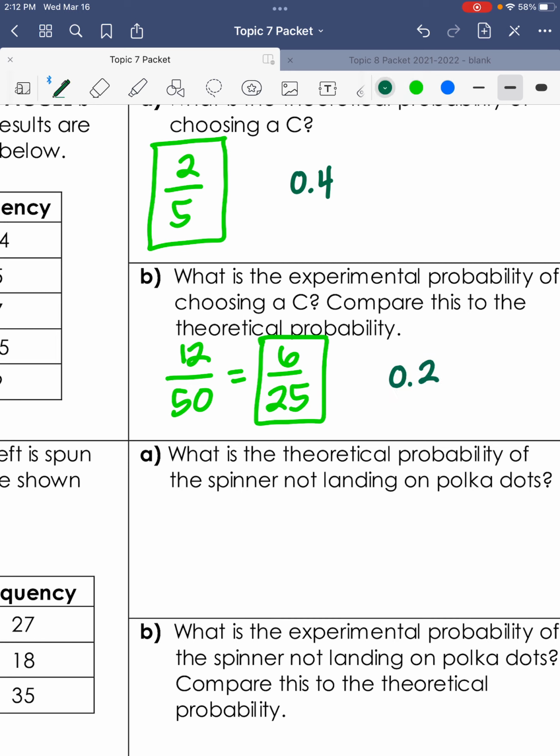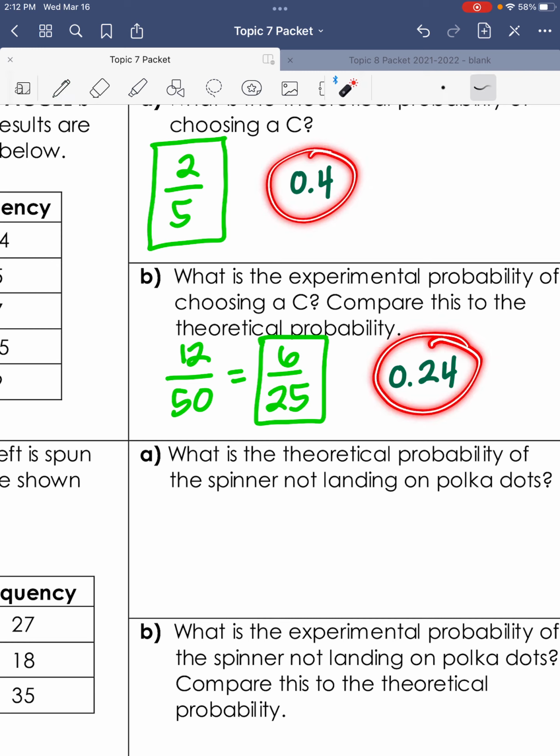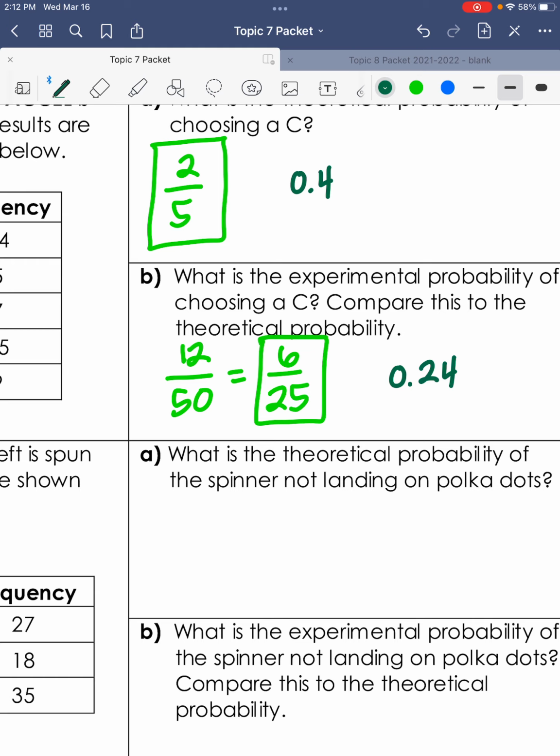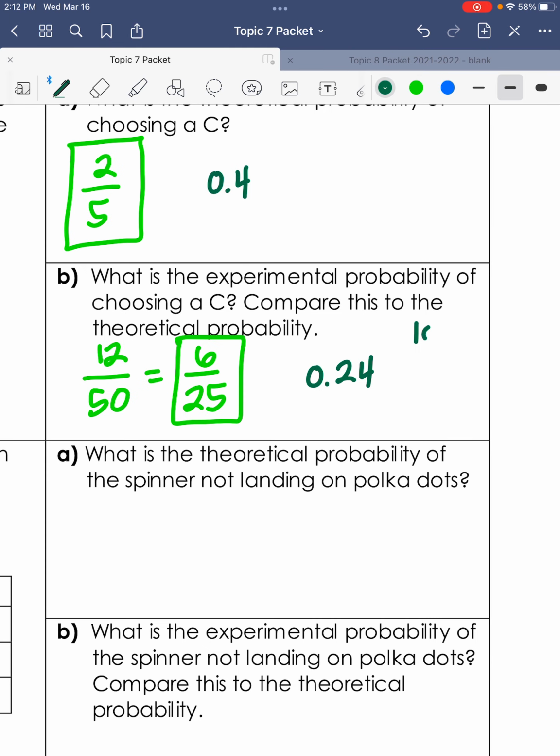Now I'm comparing these two decimals. Which one is bigger? Which one is smaller? Well, this experimental probability is smaller. So the experimental probability is lower than expected.